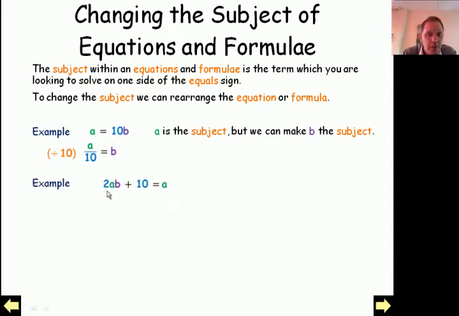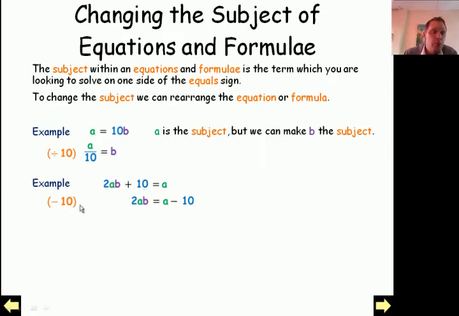Another example, we've got 2AB plus 10 equals A. Again, we're going to rearrange this to make B the subject. The first thing I'm going to do is get rid of my positive 10 from this side.